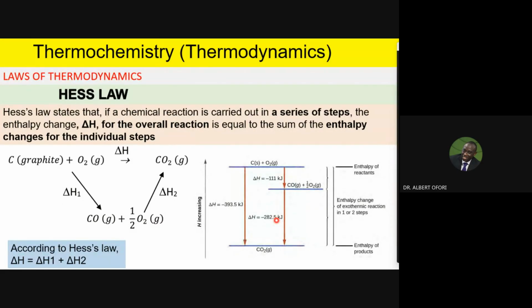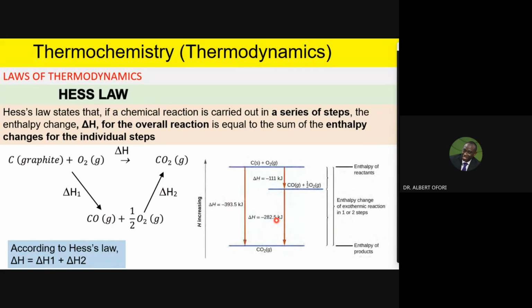Under the same first law, we are not creating energy and we are not destroying it. So Hess's law tells us that in a series of chemical reactions, where one reaction produces something that produces another, the total heat involved is just the summation of all the heat involved. Because we can't create heat, that's energy, and we can't destroy it.